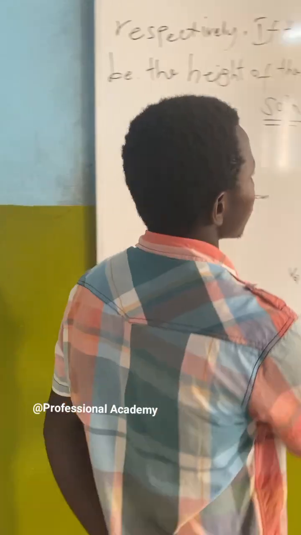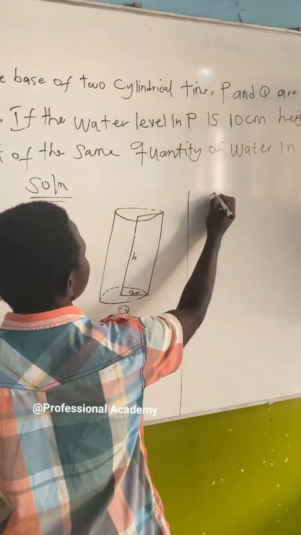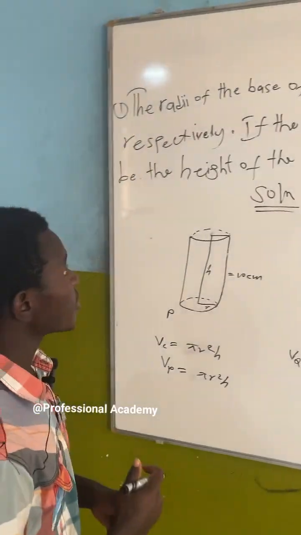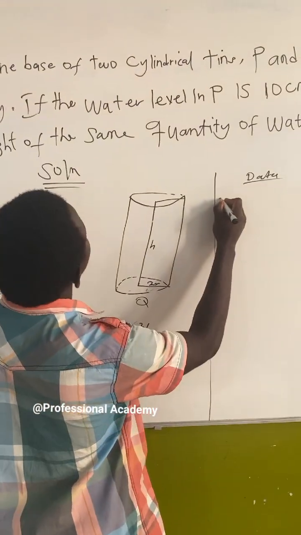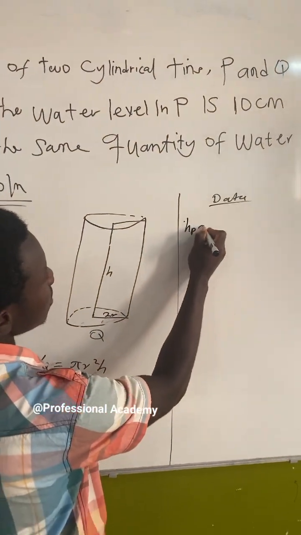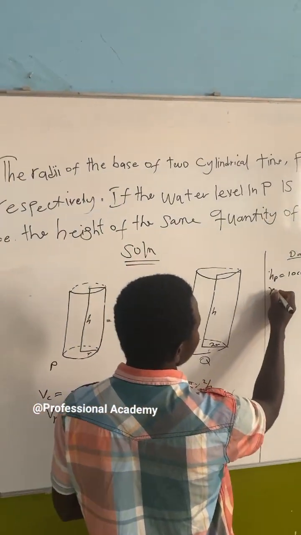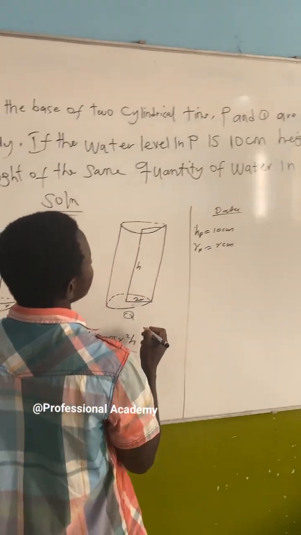Let's collect like terms for the values given. If you read the question again, the height of P is given to be 10 centimeters and the radius of P is given to be r centimeters.